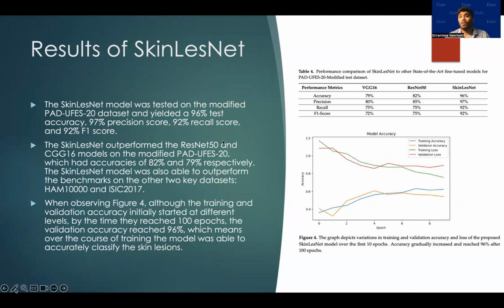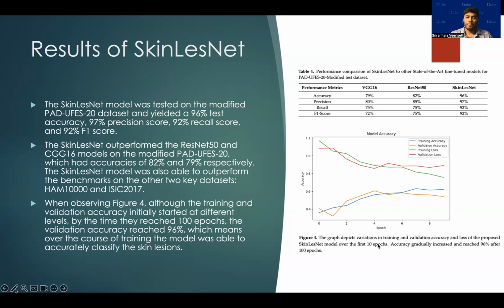And the SkinLesNet also outperformed the two benchmarks that we talked about earlier, the ResNet 50 and the VGG 16, which had accuracies of 82% and 79%, respectively. And as well as on the two other key data sets, which were the HAM 10,000 and the ISIC 2017 data sets, the SkinLesNet outperformed the two benchmark models on those as well.